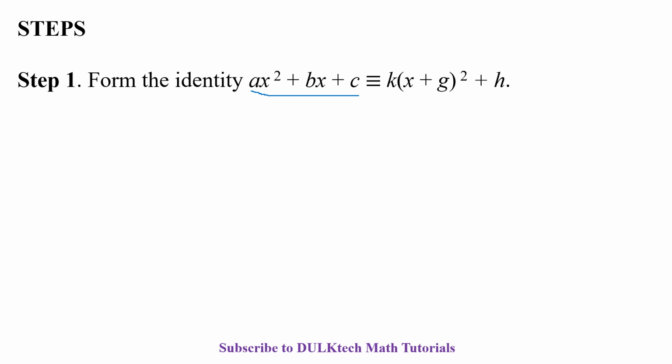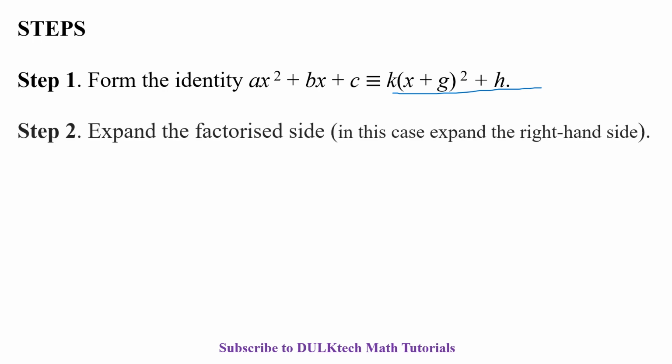So you form an identity where this one will be identical to this expression. Then the next step is to expand the factorized side, and in this case the factorized side is the right hand side. We expand this side so that it will be in this similar form.